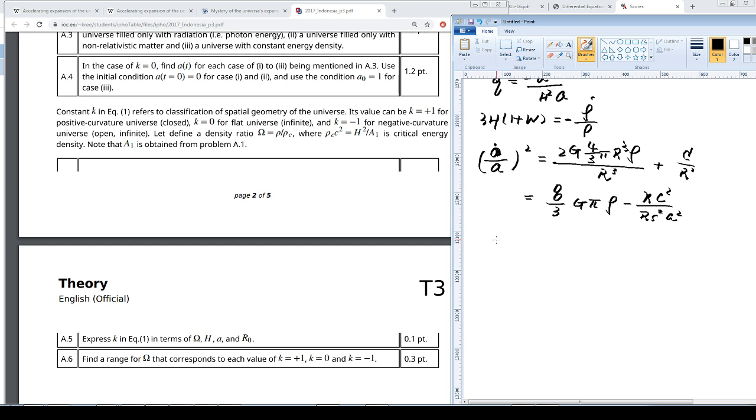Express k in terms of omega, which is rho over rho c.